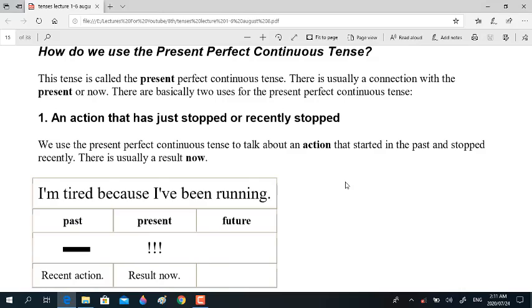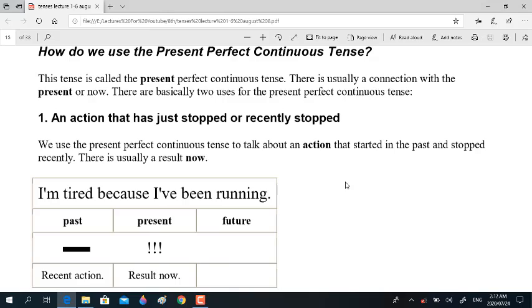come across a man who is perspiring from head to toe and he is breathing fast, and if you ask, why are you perspired or why are you breathing fast, then he will answer, I'm tired because I have been running.